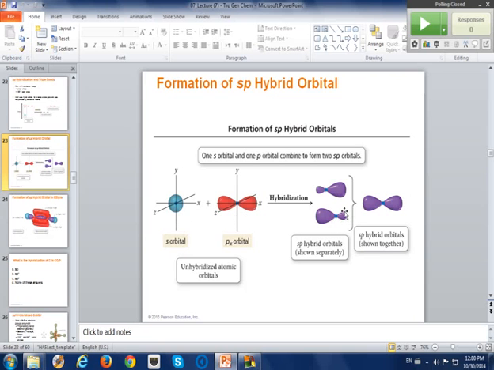you end up with one hybrid where the positive S constructively adds to the positive P on one side to form a larger, fatter lobe, and it destructively combines with the negative lobe for this P wave function, so that there's a diminution of the size of the lobe.